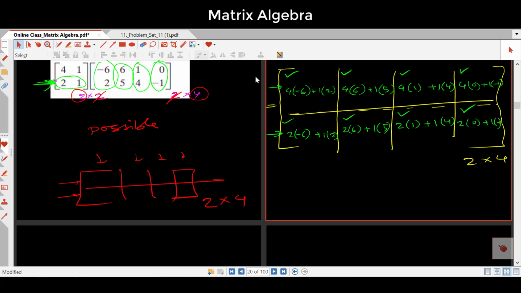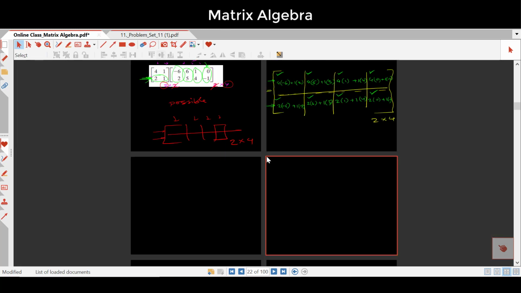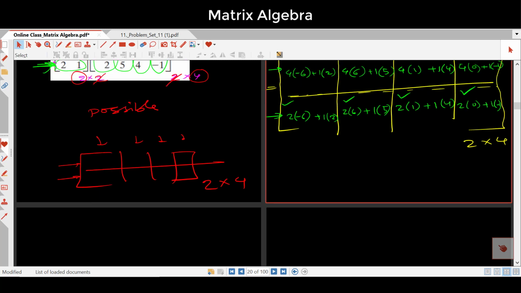Our calculation will be done if we just simplify. So from here we can write that 4 times minus 6, that is minus 24 plus 2. Then we have 4 times 6, 24 plus 5. 4 times 1 plus 1 times 4, that is 4.